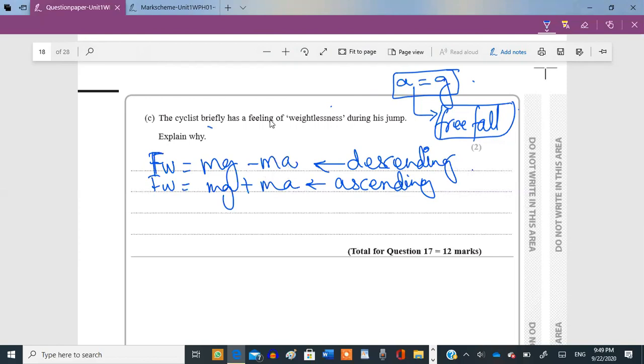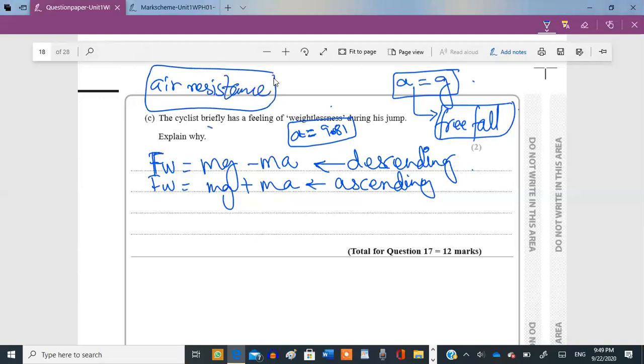Now, when this acceleration becomes equal to 9.81, the cyclist will get a feeling of weightlessness. But in reality, the acceleration does not remain 9.81 throughout the motion, because in reality, air resistance will be there, right? Over here, we've just assumed that air resistance is not there, but in reality, this cyclist will be facing some air resistance, due to which the acceleration will be less than 9.81.